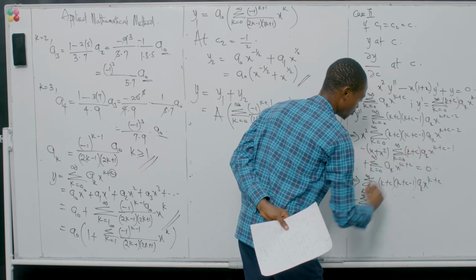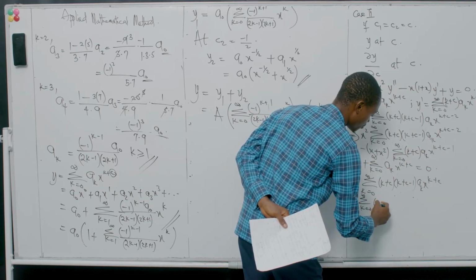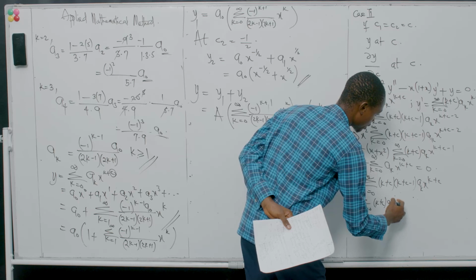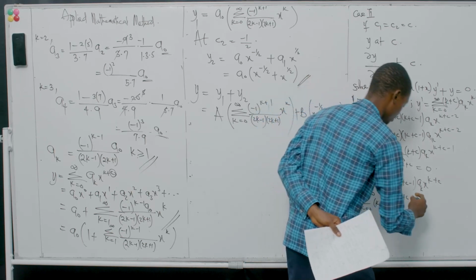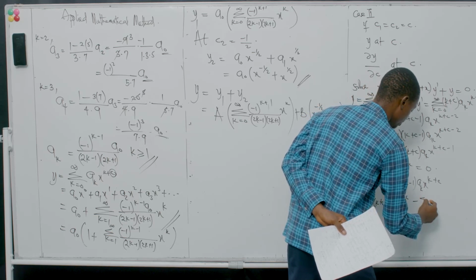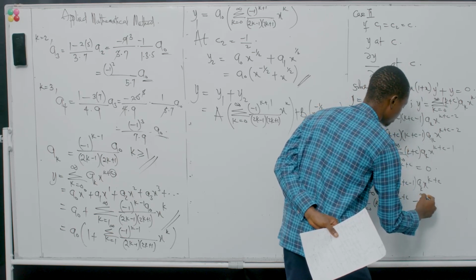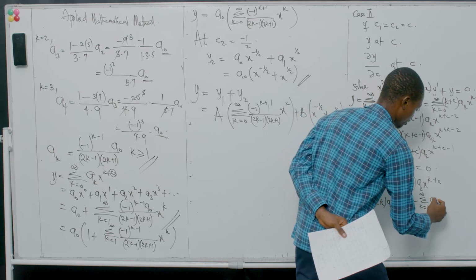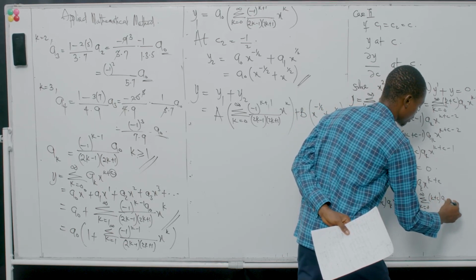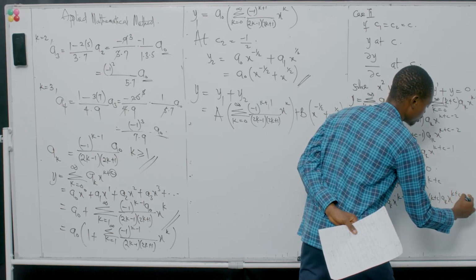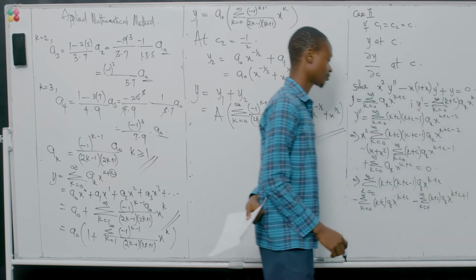This one is the first one I'm using to multiply, so I have (k plus c) ak x^(k plus c), and then this second one: minus summation k starting from 0 to infinity, (k plus c) ak x^(k plus c plus 1).